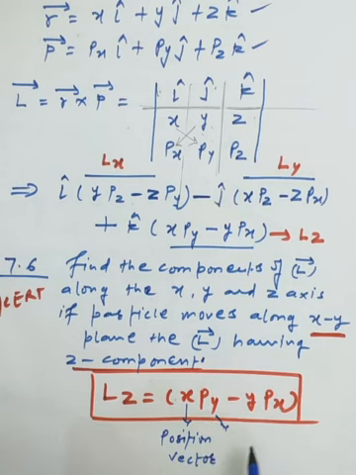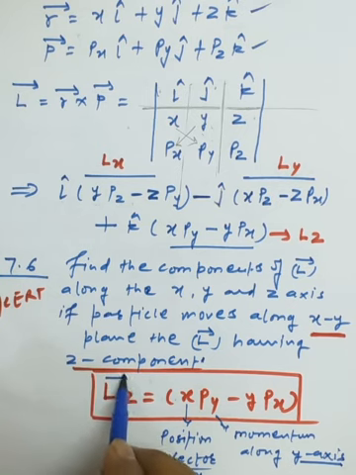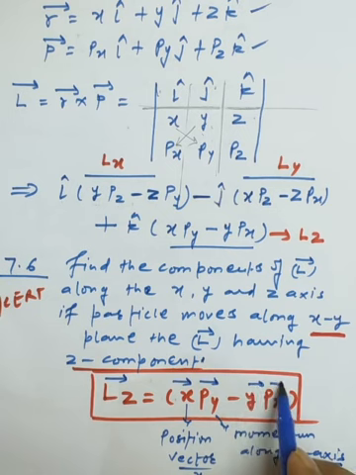And definitely this is the momentum along the y-axis. So it gives the concept of L along the z-axis. This is the simplest meaning we have. These are vector quantities, so you can apply the vector rules. So this is the simplest meaning of the question we have.